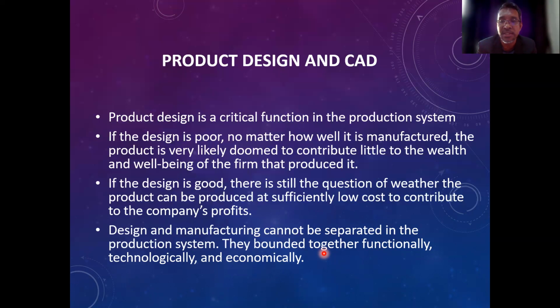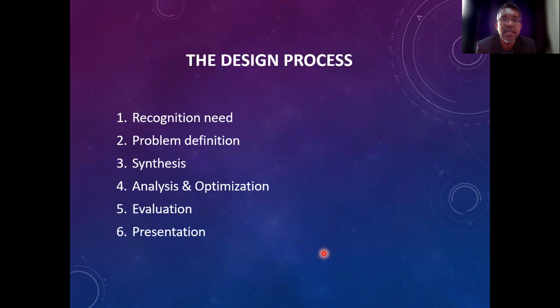So the design process, we already learned this in the previous module, design and manufacture last year. I repeat again, the general design process, we have six methods. There is the conventional method. We need to recognize the need, the demand from the customer.